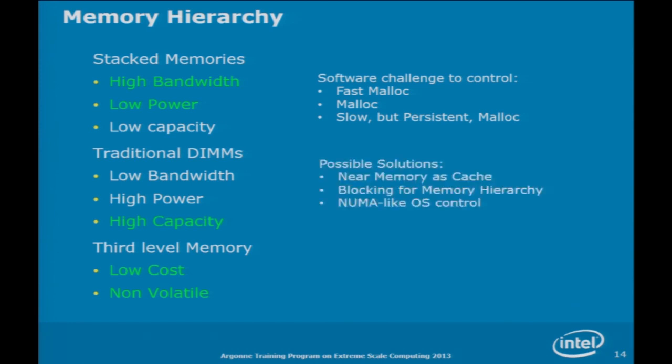So for some solutions, you could use your near memory as cache. And now you're talking about maybe gigabytes of cache. Do you think that's a good solution? Do you ever think of what fits in your cache? When you tune your program, do you tune for your cache size? Computer architects try to model cache behavior.